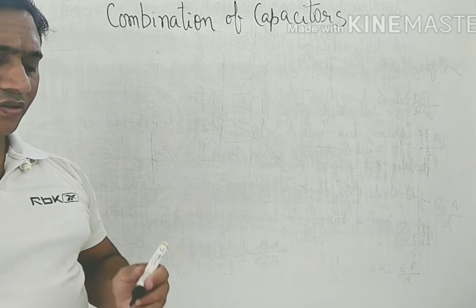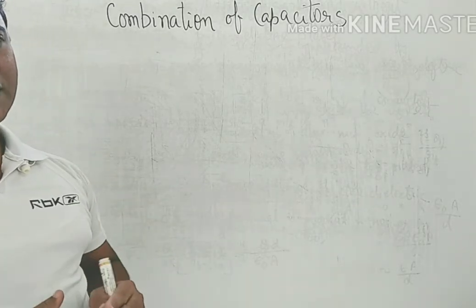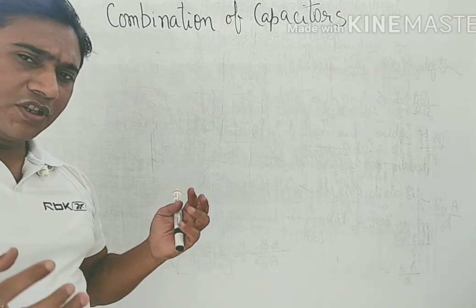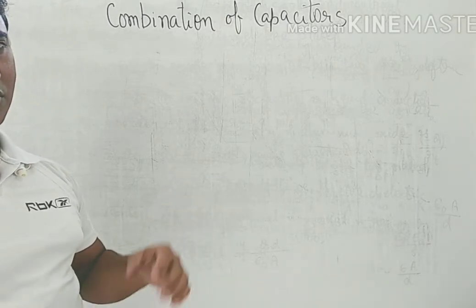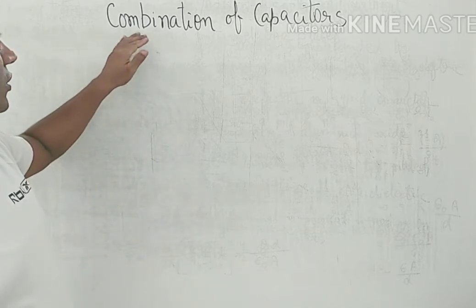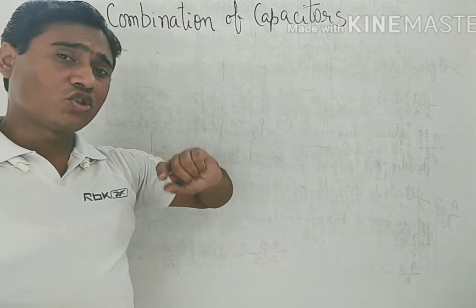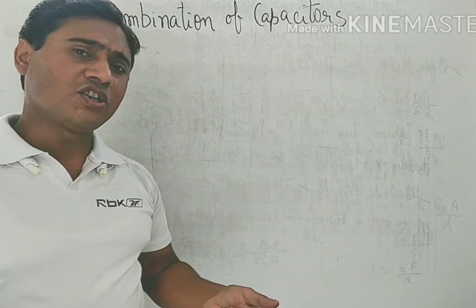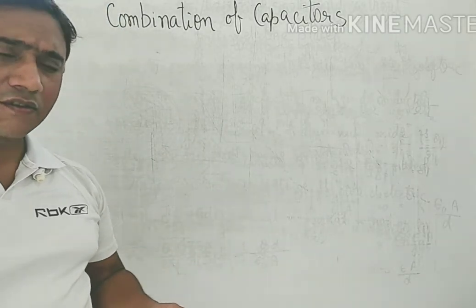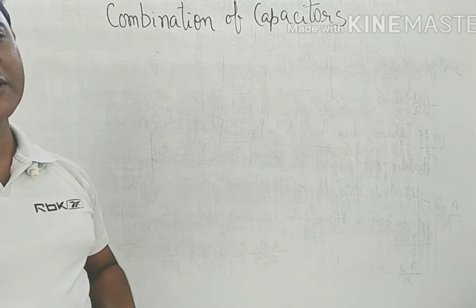Combination of capacitors, why do we need to have combination? Because as per the necessity of the time being, the capacitors are to be combined either to increase the effective value of those capacitors or to reduce the effective value of those available capacitors.